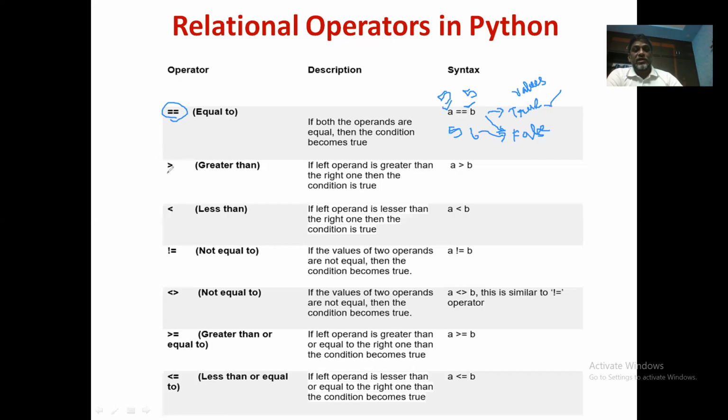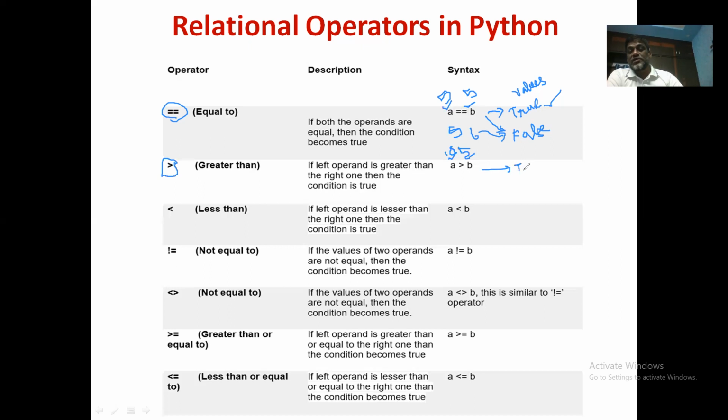And the second symbol is greater than. Greater than compares the operands as A greater than B. It's a question actually. It asks, is A greater than B? If A is greater than B, for example, if A is 10 and B is 5, then it returns true.